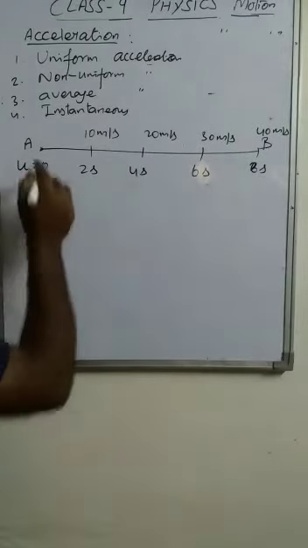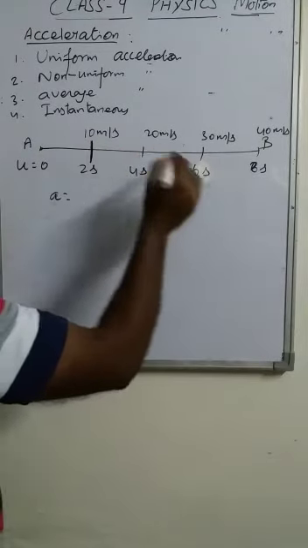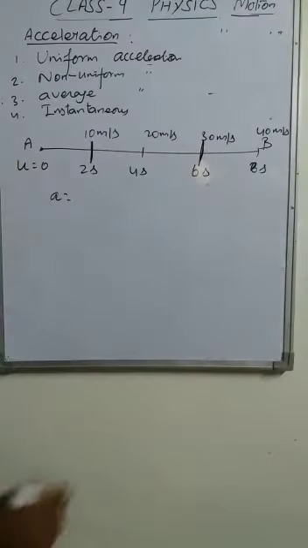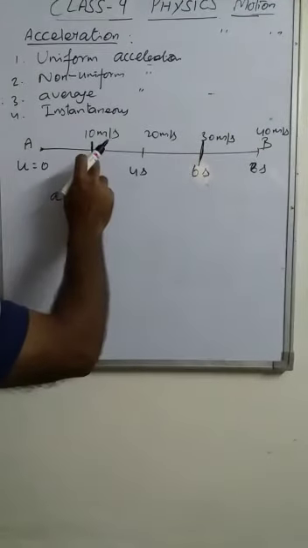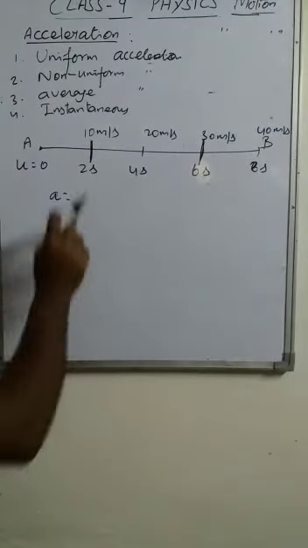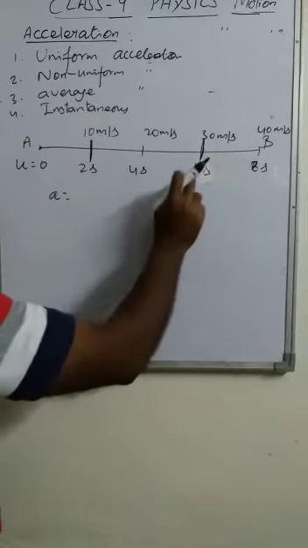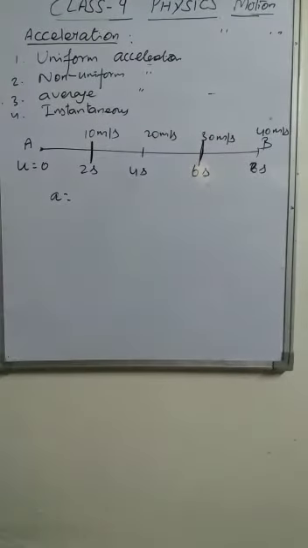Suppose I take the acceleration between 2 seconds and 6 seconds. At the first instant the velocity is 10 meter per second, at the second instant the velocity is 30 meter per second.